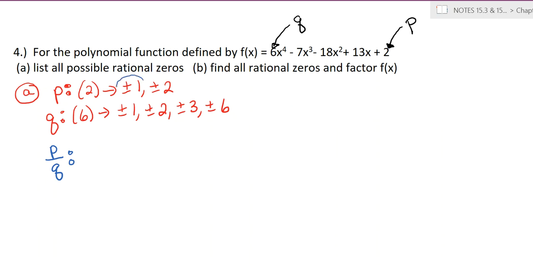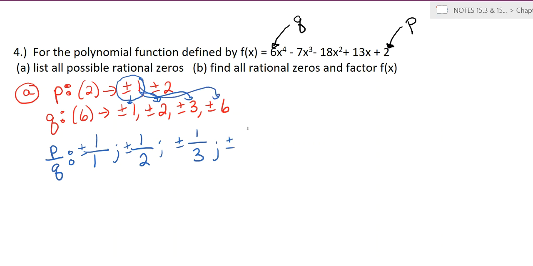I'm going to start with the first P, and do 1 over 1, and then 1 over 2, and then 1 over 3, and then finally 1 over 6.